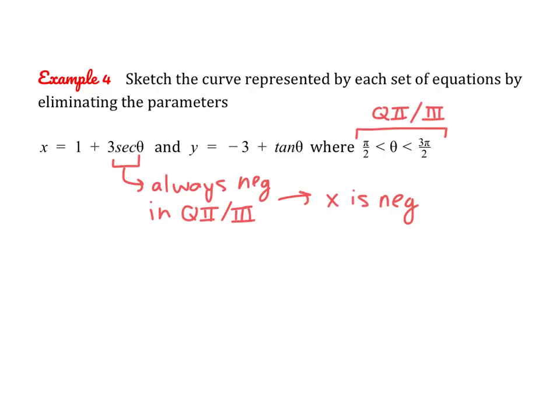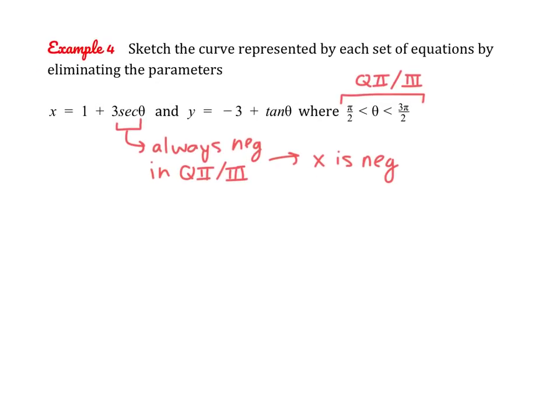So I can just tell right off the bat that I do have this domain restriction. Because secant is always negative in these two quadrants, my x value is going to be negative for my graph, despite what my rectangular graph might look like.